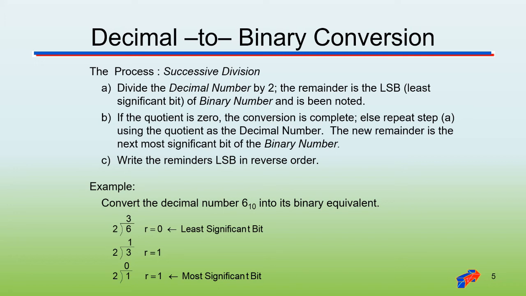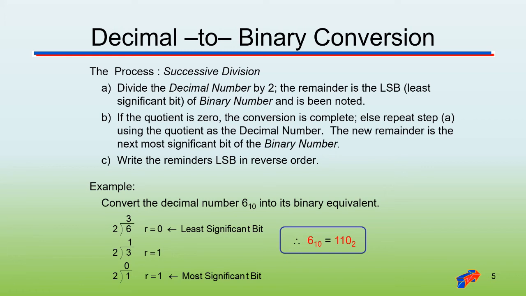We will get 0 as quotient and remainder 1. So we just note down the least significant bits in reverse order, that is 1 1 0 to the base 2. That is the binary equivalent of the decimal number 6.